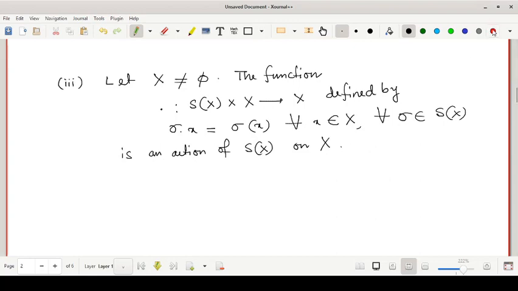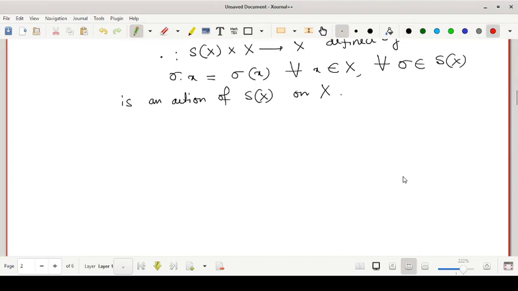Let us verify. How to verify? Choose any two permutations.